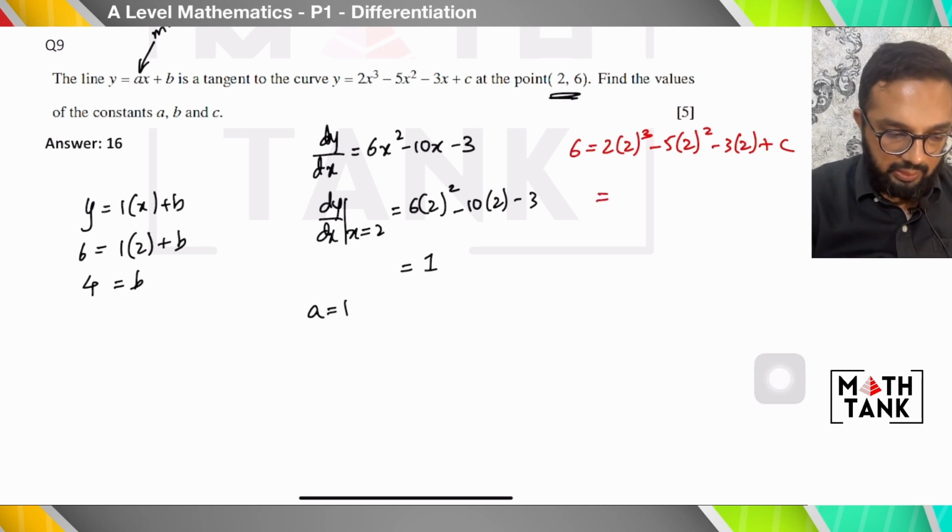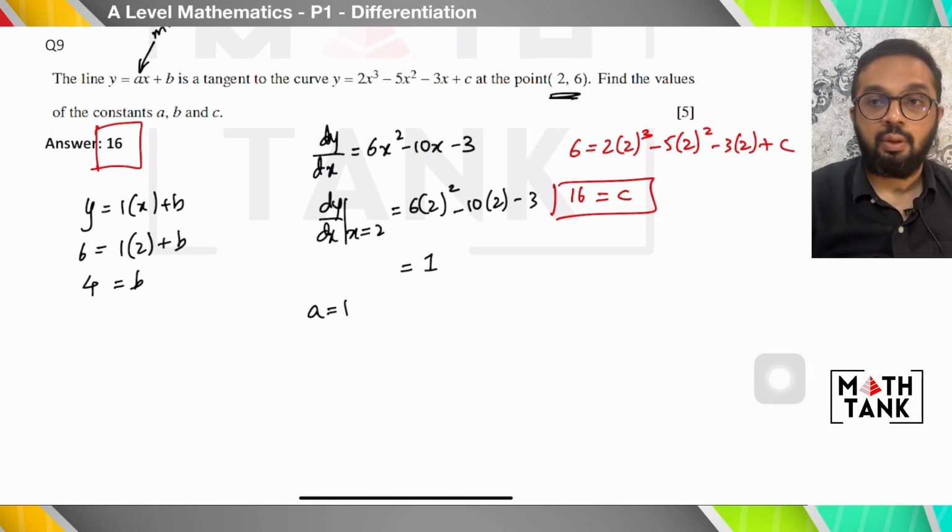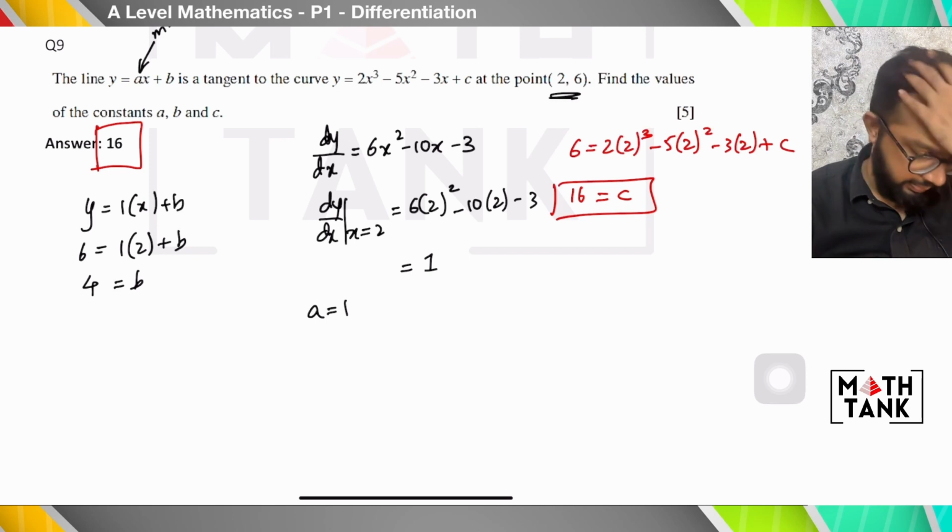Okay, 2 times 8 minus 20 minus 6, 16 equals c. So I think I've just written down the answer for c here. We can check that against the numbers. Okay.